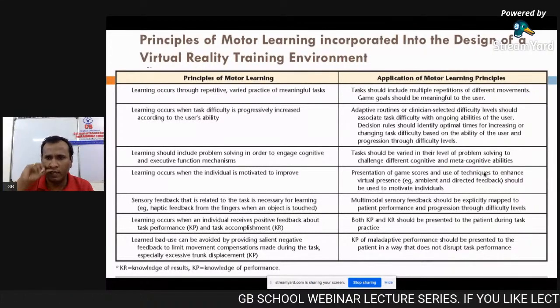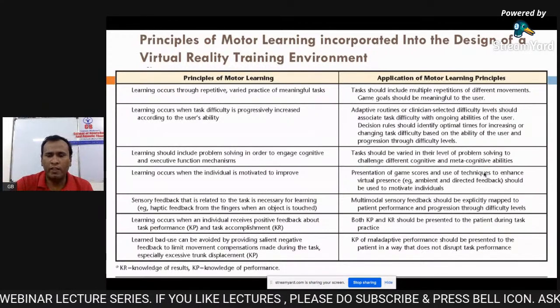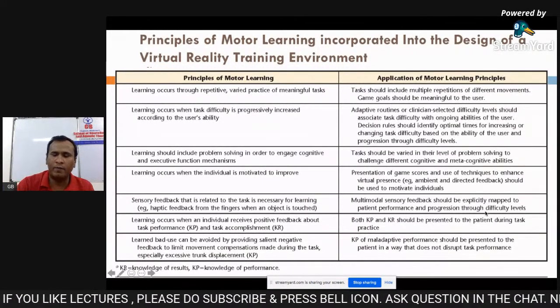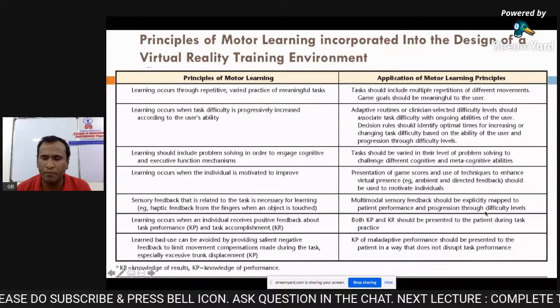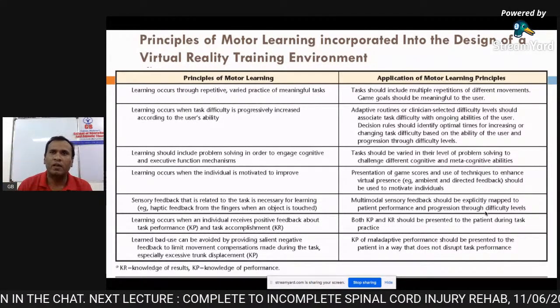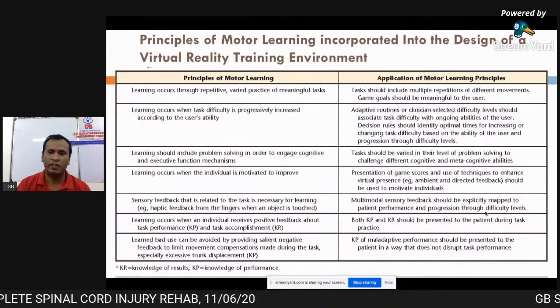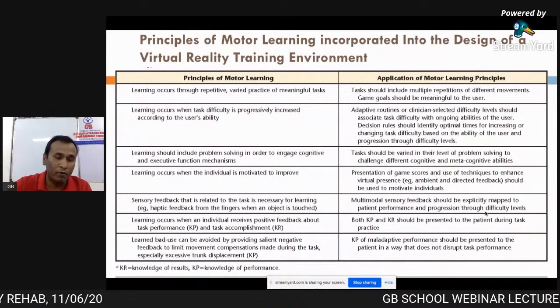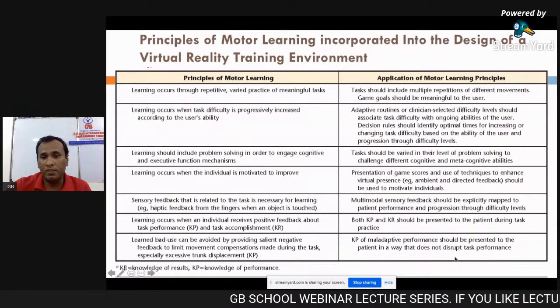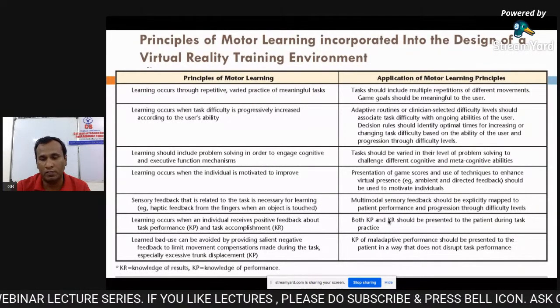This tells you whether you are going in the right direction, or winning or losing. There is also multi-sensory feedback in all these games. Not only do they give you movement feedback, but there is always an audience cheering you, some comments are going on, or at the end of the session they clap for you. These are very beautifully designed programs, and they always give you knowledge of result and knowledge of performance during the session and after the session also.